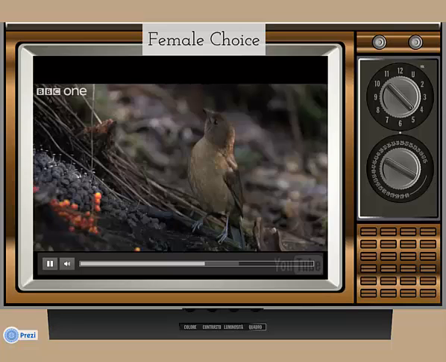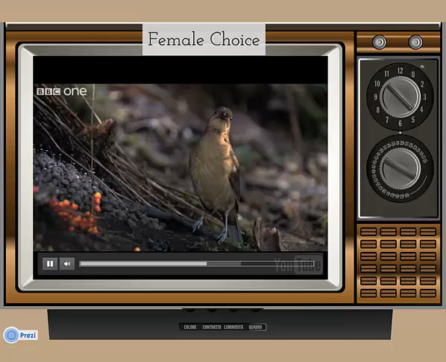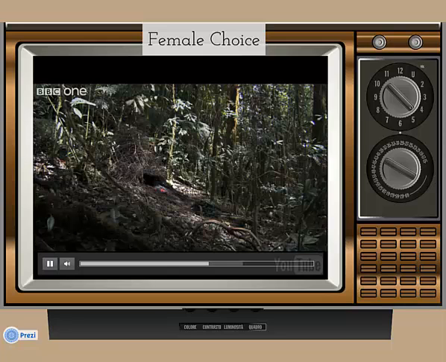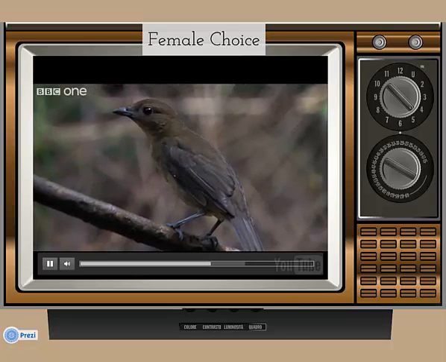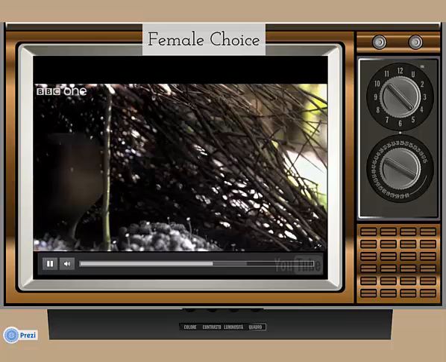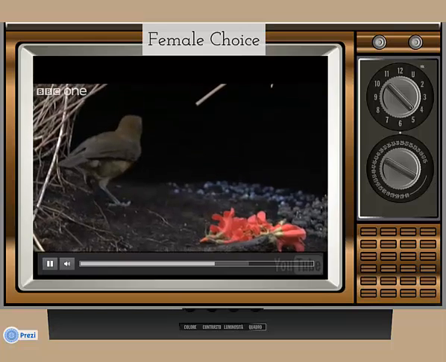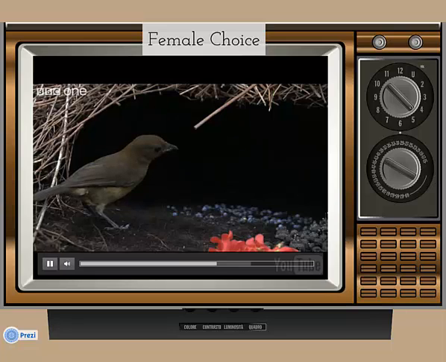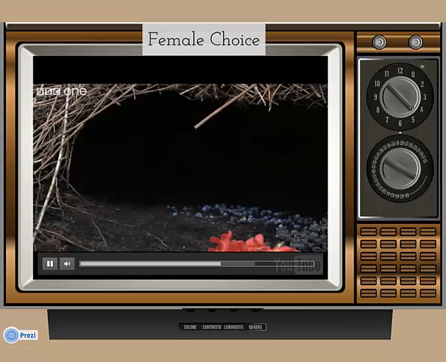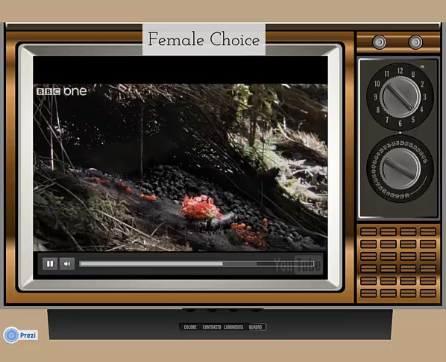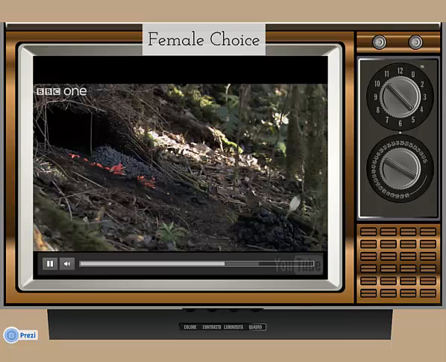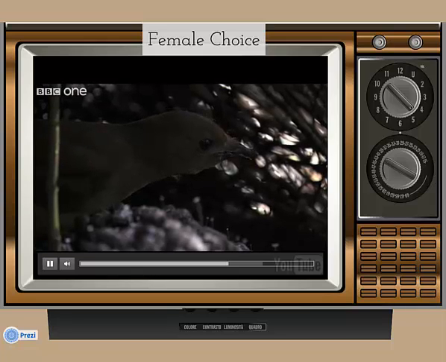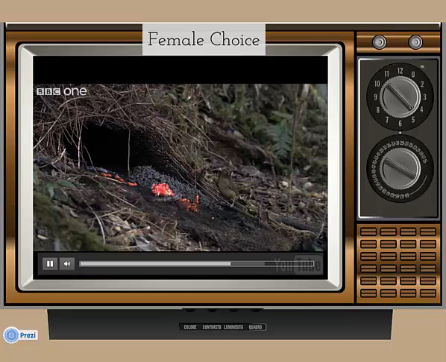Competition is intense. It's the dung ball bower that is the first to catch the female's attention. He withdraws while she inspects his workmanship. She's back again and seems impressed. But on closer inspection, she's less convinced.